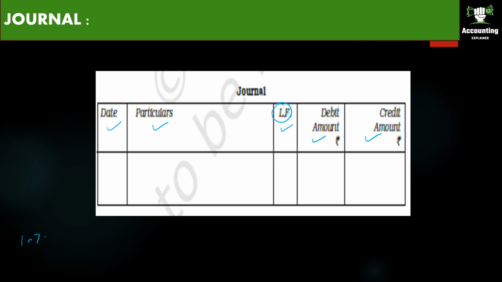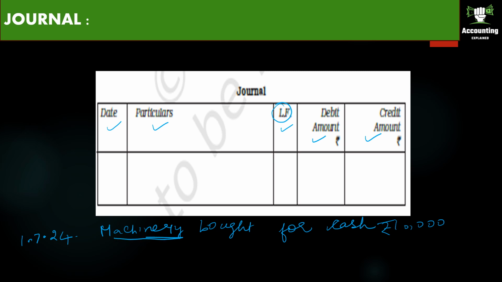Suppose a transaction is on 17-2-24: machinery bought for cash rupees 10,000. Okay, so before writing the journal entry, we have to analyze the transaction. Machinery, we have bought the machinery. Bought means our asset is going to be increased, what we own.